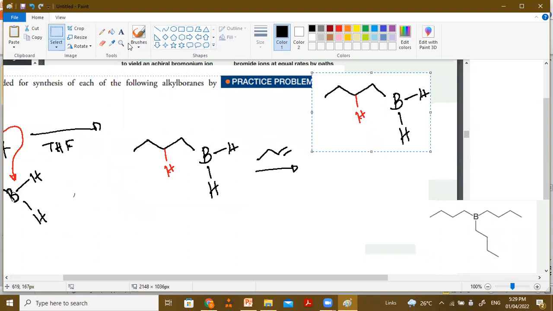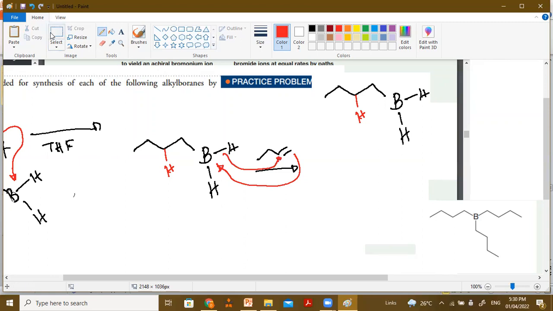And then of course we use the boron. With an arrow, this end of the alkene will add to the boron, and this one will add here.